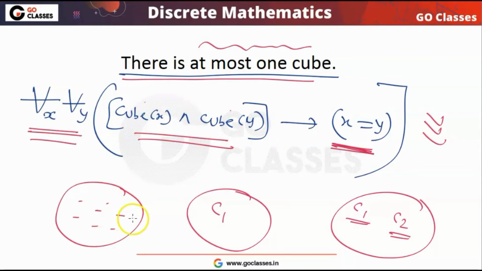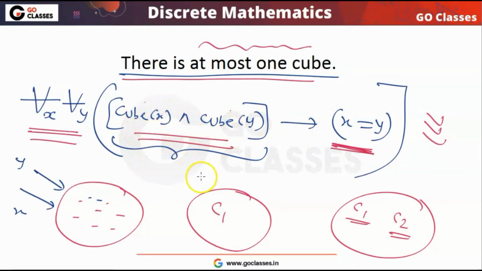Because when there is no cube, whatever x, whatever y you take, the antecedent of the implication will become false. And you know, when the antecedent of an implication is false, the complete expression is true.